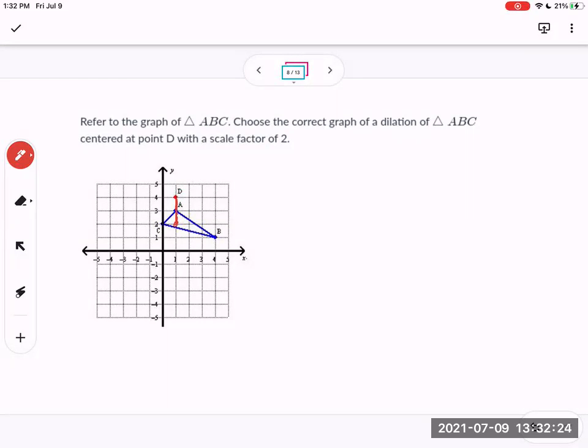I believe what you do is this. There's that point. That's A prime. And then you do this right here. You go from D to C, and you go twice that distance. The scale factor of 2 means you double it. So you would go to there.